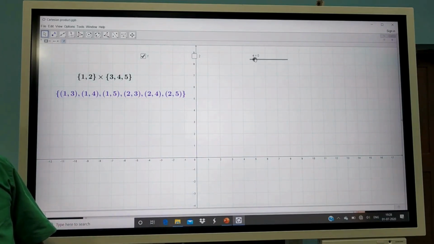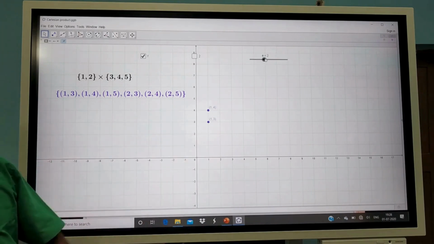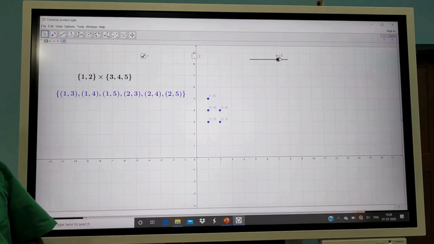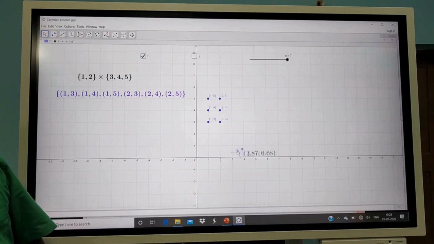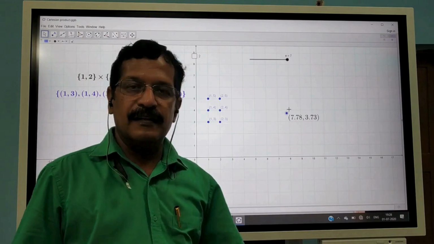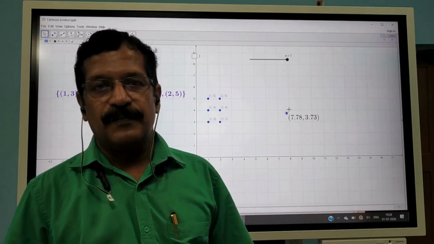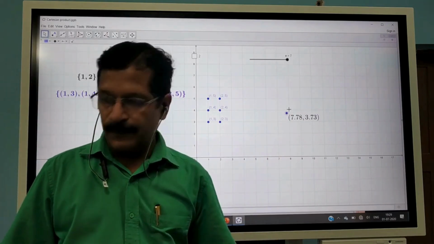You can see that it is (1,3), (1,4), (1,5) and (2,3), (2,4), (2,5). And these points we can move anywhere in this plane and we get real numbers as the first component and real numbers as the second component. So that is R cross R, the set of all points in R cross R.